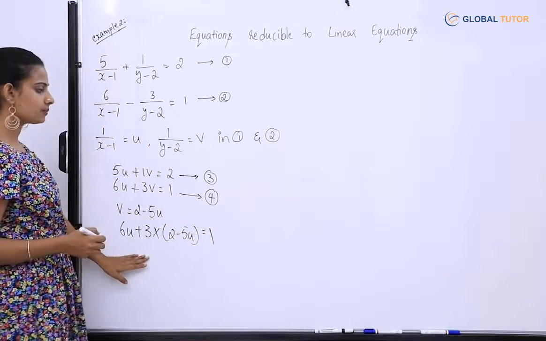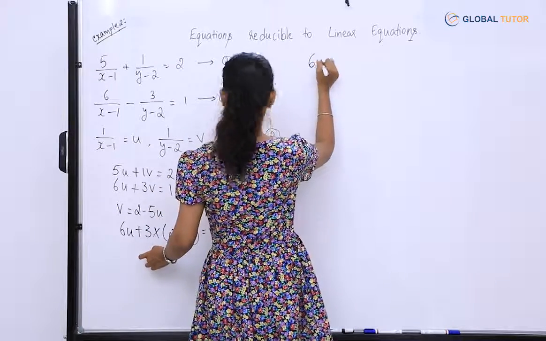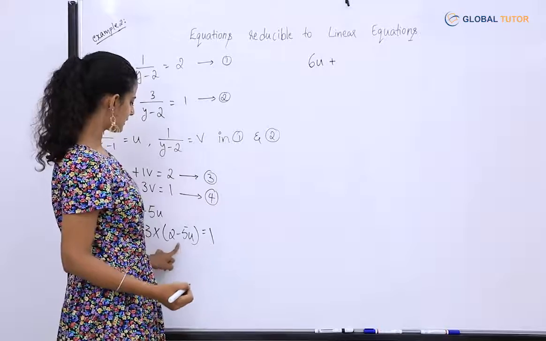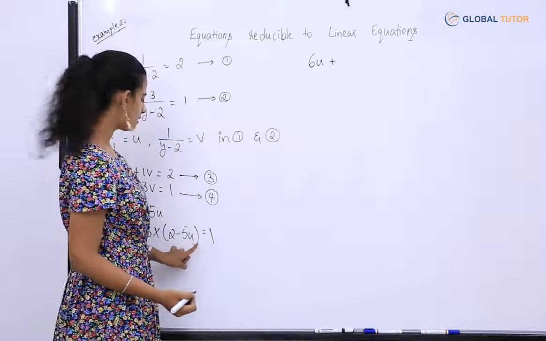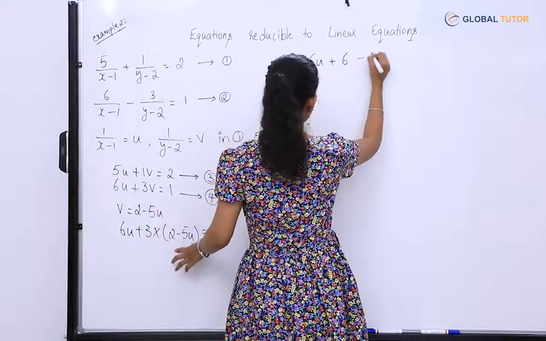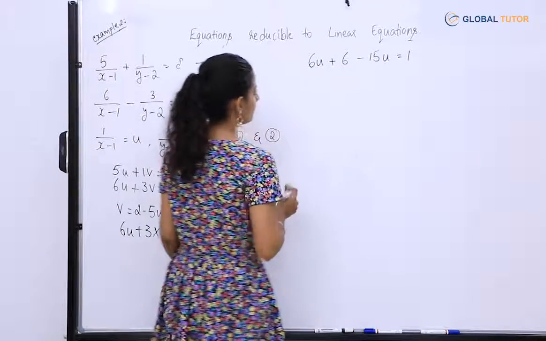Now we just have to simplify this. So this becomes 6u plus 3 into 2 is 6, plus into minus is minus, 3 into 5 is 15u. So this becomes 6 minus 15u is equal to 1.